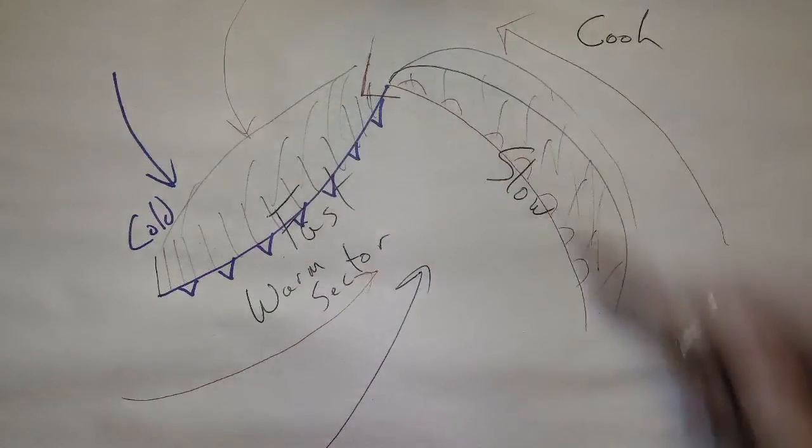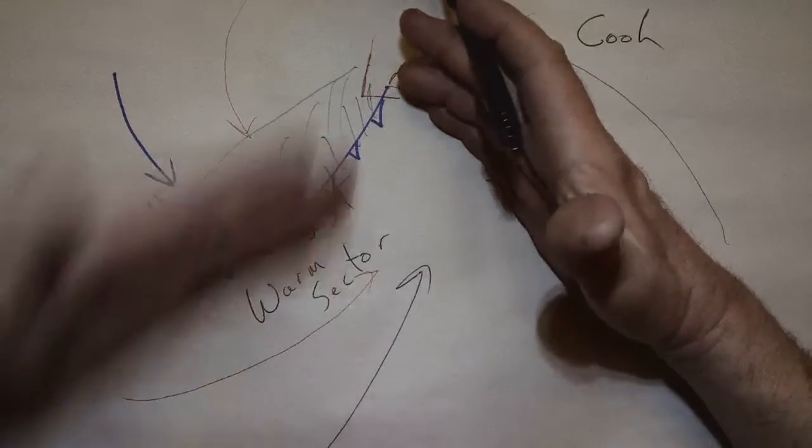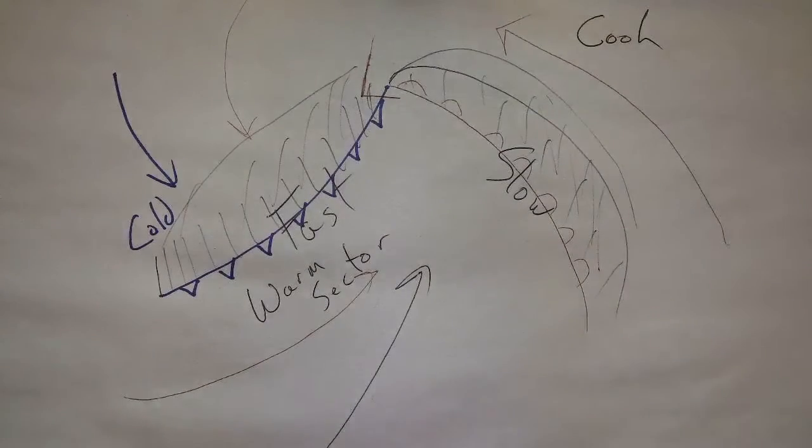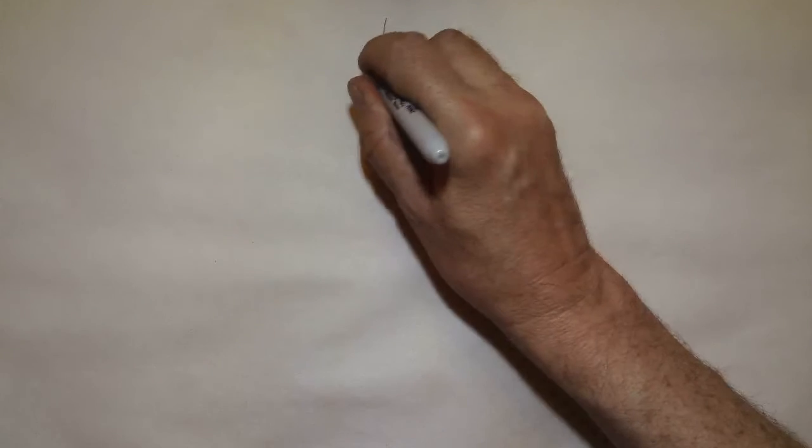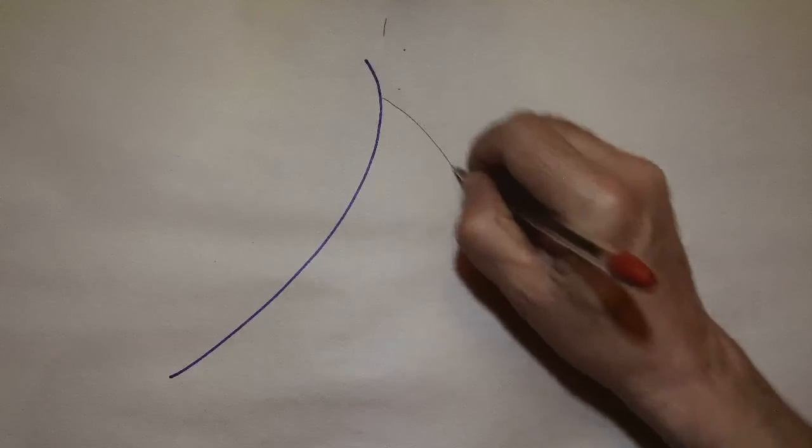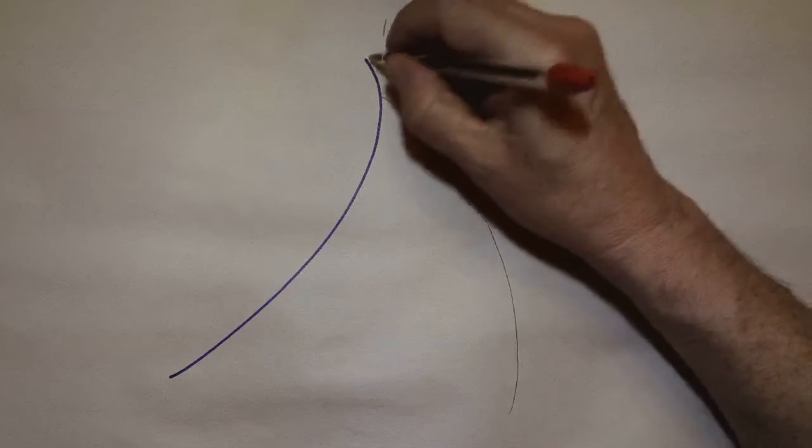Well, you can see this shape is going to change then. If this is slow and this is fast, what's the next thing that's going to happen? Well, the next thing that's going to happen, the cold front is going to start to overtake the warm front. We're going to say it zippers up.